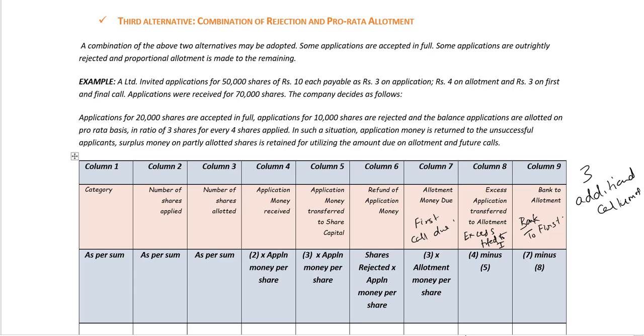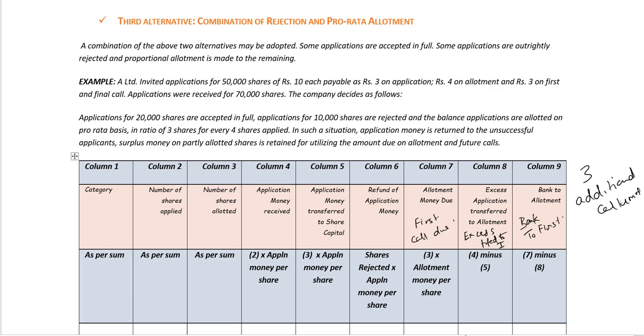So for every call that the application money excess has been transferred to, there will be 3 additional columns. This will be demonstrated in one of the subsequent videos.